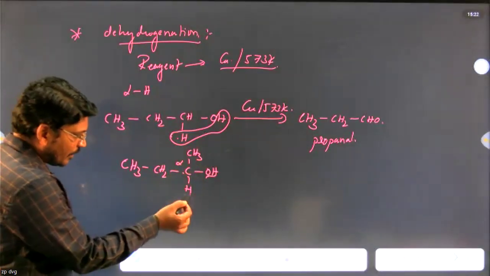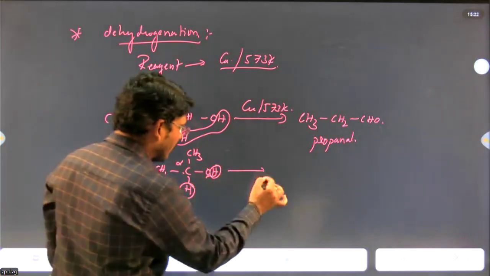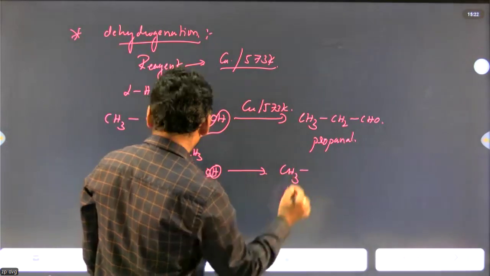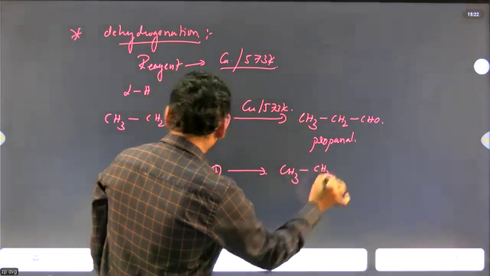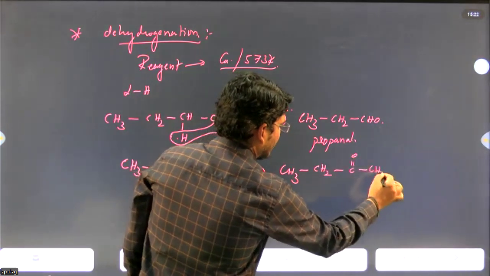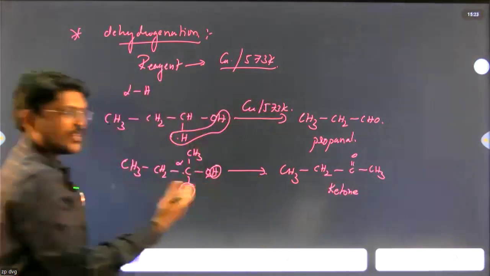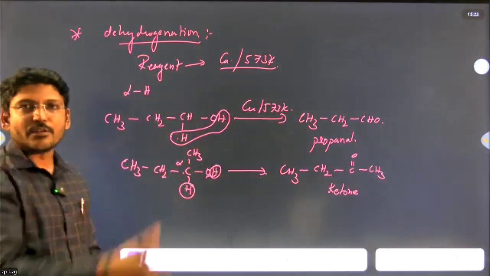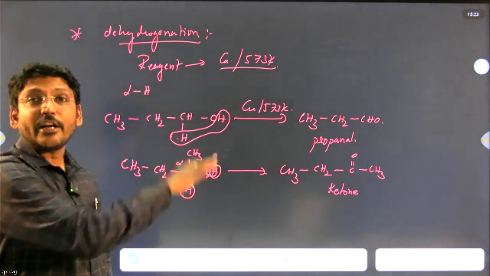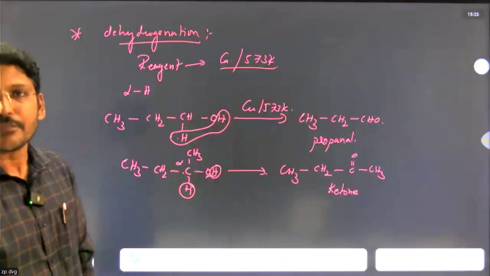The alpha carbon atom contains hydrogen, so hydrogen is completely removed. Finally we get CH3 CH2 C double bond O CH3, a ketone. Very simple explanation: primary alcohol always gives aldehyde and secondary alcohol gives ketone. Tertiary alcohol never undergoes dehydrogenation, because it does not contain alpha hydrogen atoms.